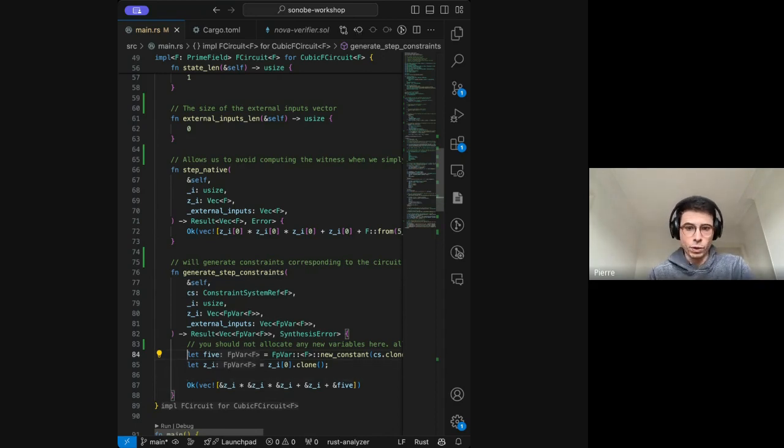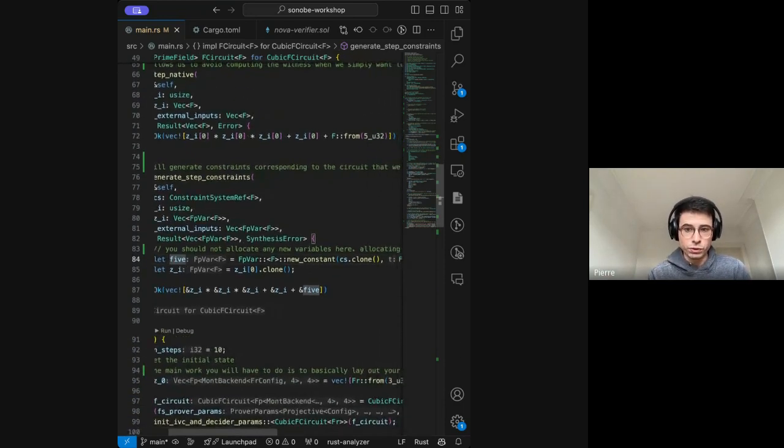So what it will take is auxiliary inputs, the set of already allocated witness values, and the Zi state, a set of already allocated public input values. And what you will need to do in that method is define what you do with those external auxiliary inputs and with the Zi.